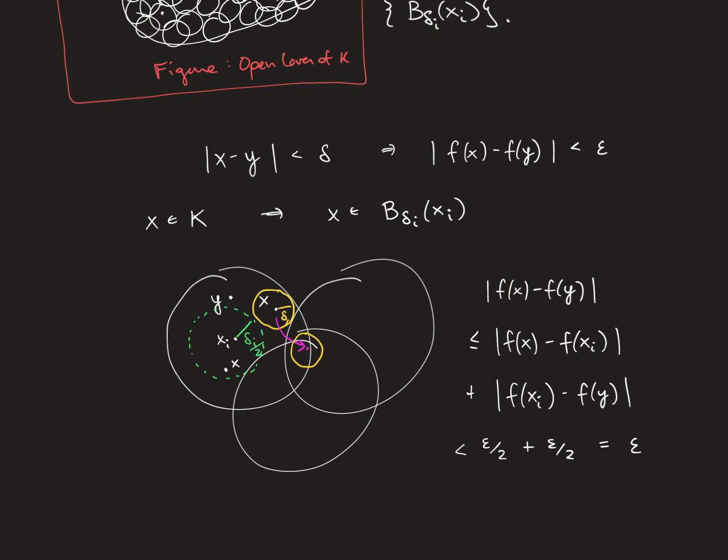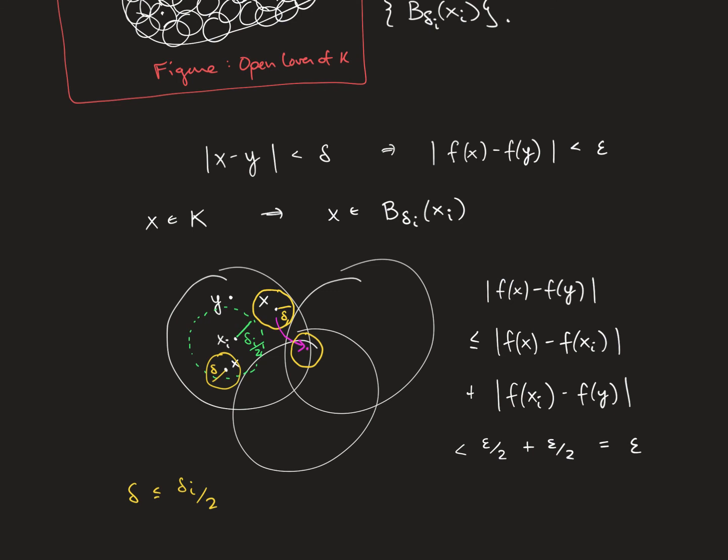So as long as my ball around x is not bigger than the rest of the way to the perimeter, then that's going to work. So now this delta, as long as I make it less than or equal to delta sub i over 2, then everything should work out.